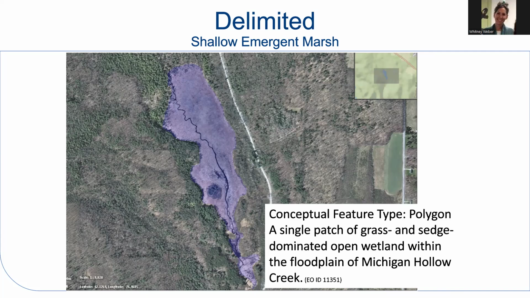Now, if they had had a GPS unit, or if they were mapping it with Survey 123 or Field Maps and actually walked around that location, then they would also have a delimited locational uncertainty, but it would be more accurate. In this case, all we know is that it was somewhere within this floodplain, and so they mapped the floodplain.